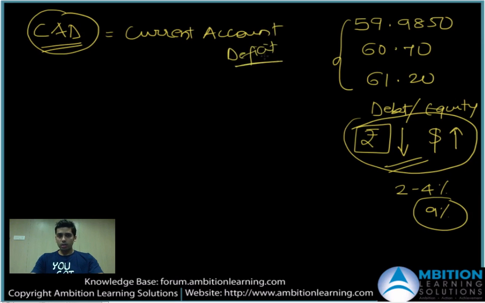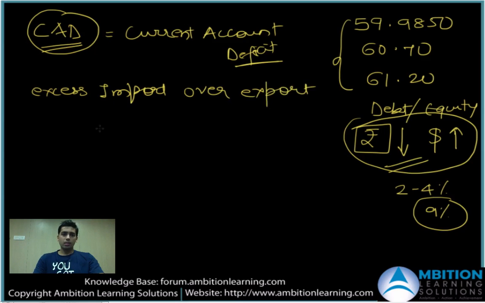Now point number one is to try and understand what is current account deficit. Current account deficit is nothing but excess import over export. Say, for example, we are exporting something worth $1,000, but we are importing something worth $1,800.